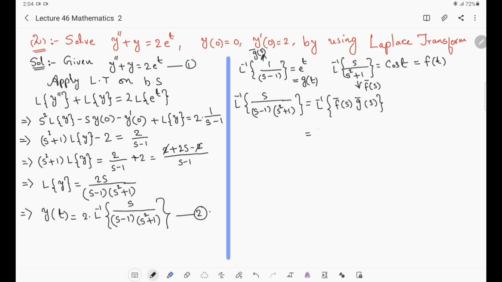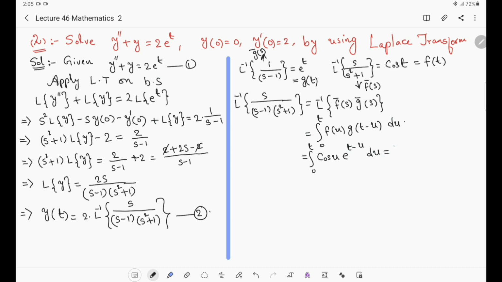This is equal to integral 0 to t f of u g of t minus u du, which is equal to integral 0 to t, what is f of u? See, f of t is cos t, so f of u will be cos u. Now g of t minus u: e power t, t should be replaced with t minus u, so e power t minus u into du, right?